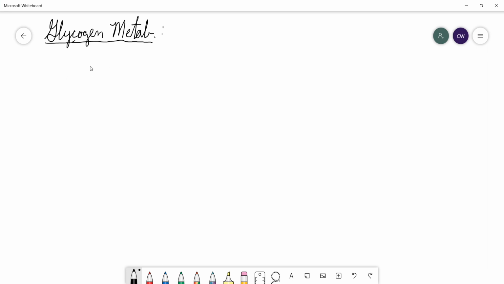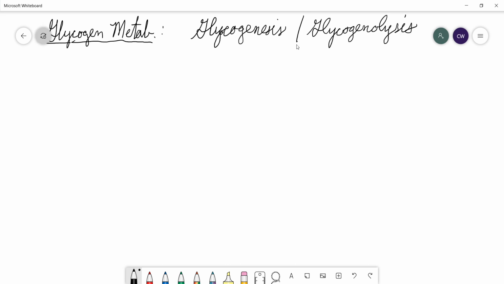So we're going to break this down. We're going to talk about glycogenesis, and then we will talk about glycogenolysis, this being the making, and this glycogenolysis being the breakdown.